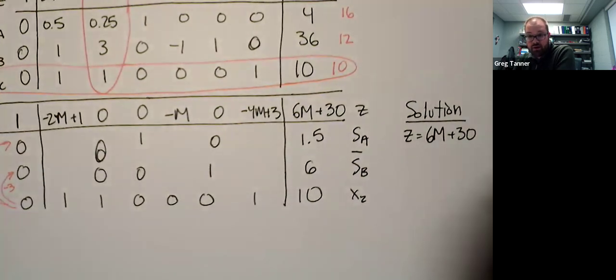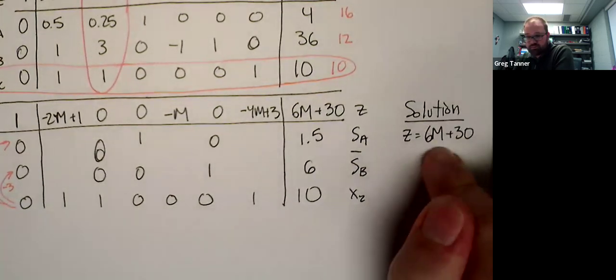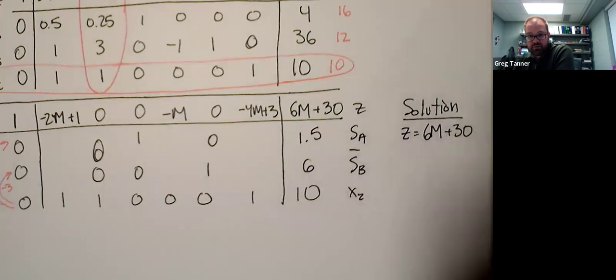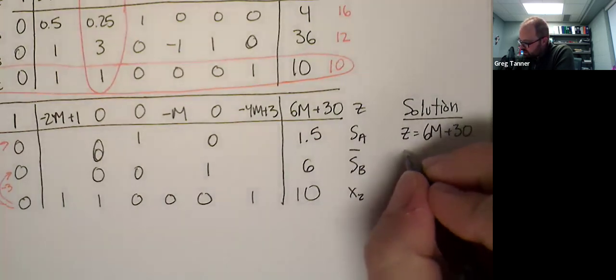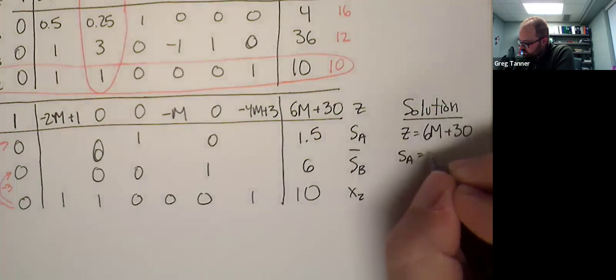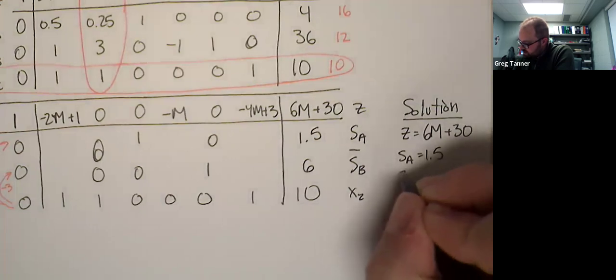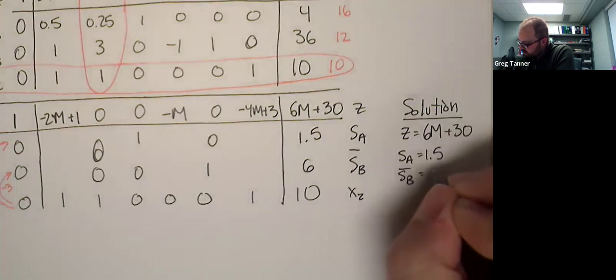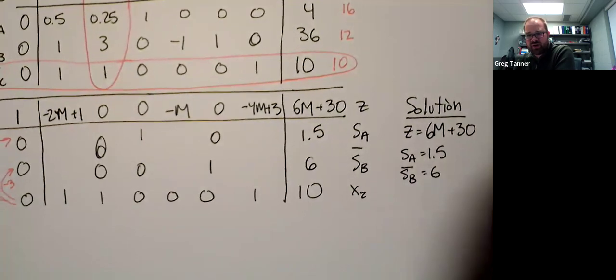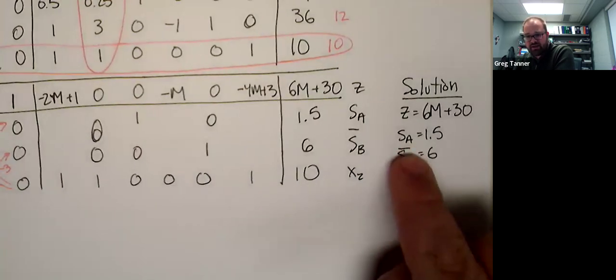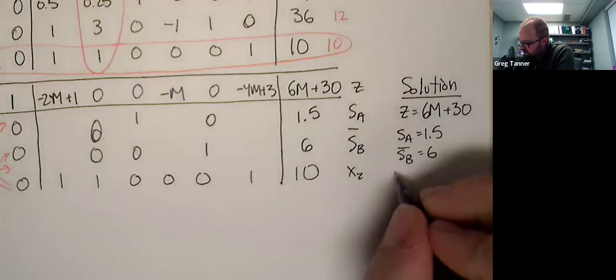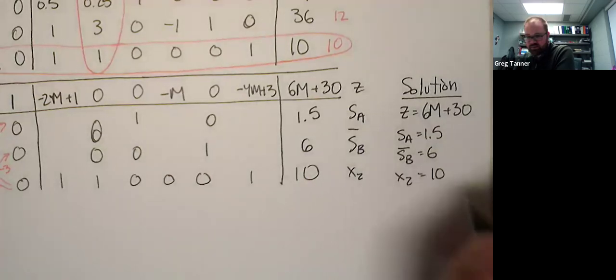So I've got a very large objective value. SA is equal to 1.5. SB bar is equal to 6. So I still have an artificial variable value, meaning that I'm violating the B constraint. And then x2 is equal to 10.